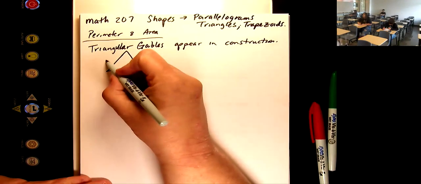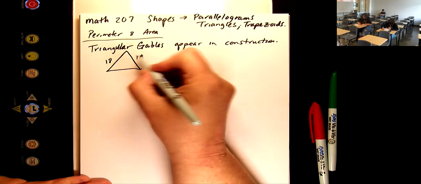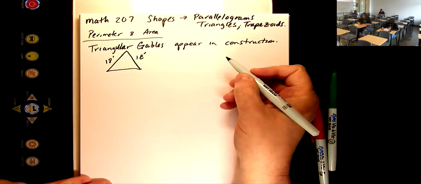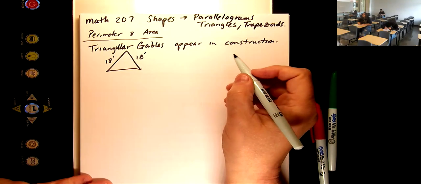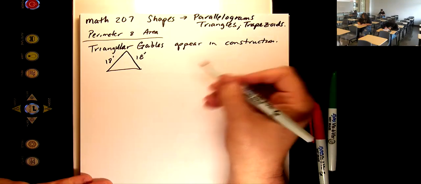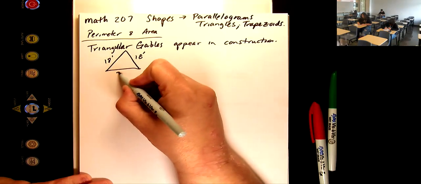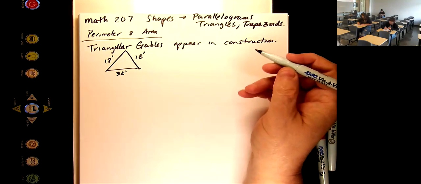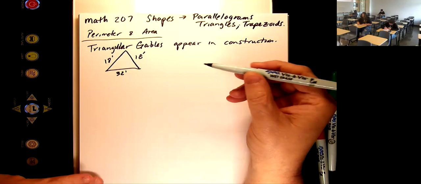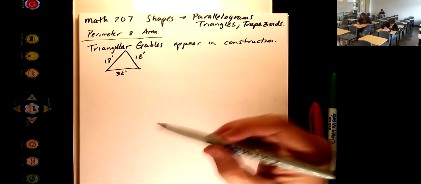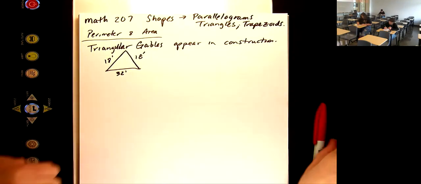Generally these are like the roof kind of thing, and the roof part all has the same length on each side. They try to make it look uniform. And then the base might be different. So in this case, we'll have a base of 32 feet, and we need to know how much wood is needed to build this.